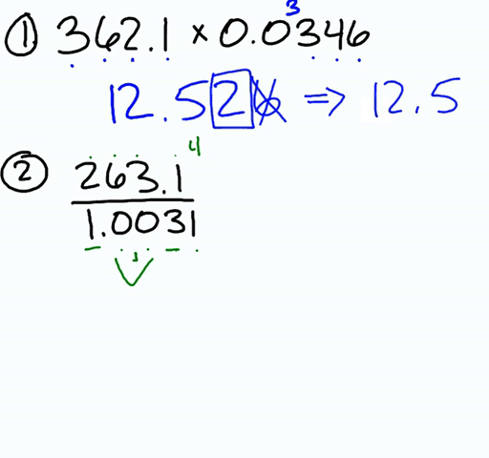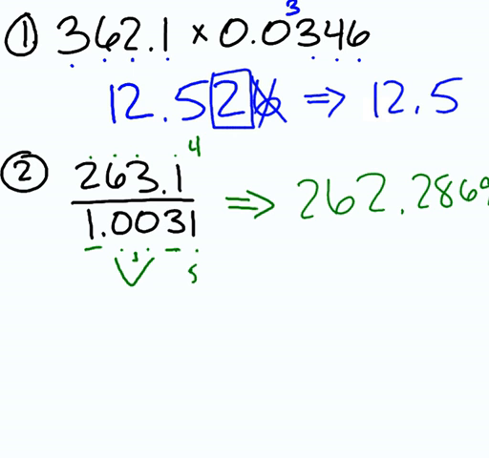Okay, so real quick, I'll calculate that. My final answer is going to end up being 262.2869. Sorry, I forgot to mention, that's 5. I'm limited to 4 sig figs. So this is sig fig 1, 2, 3, 4.